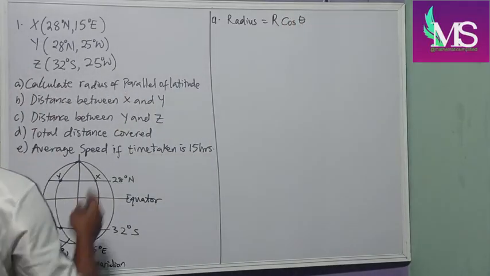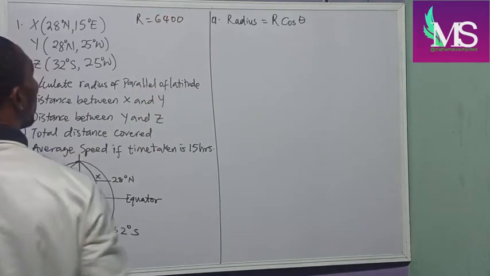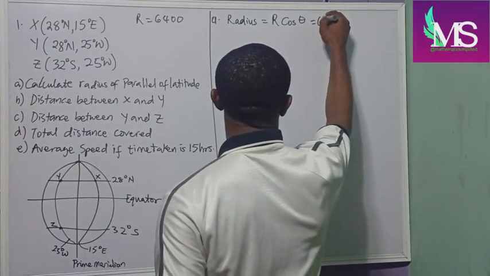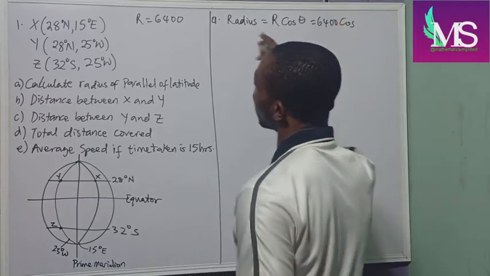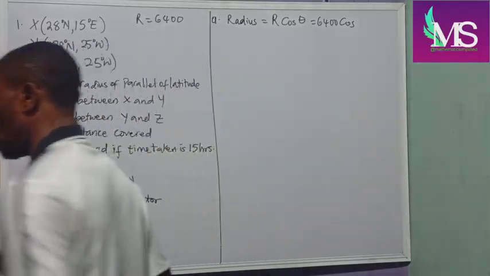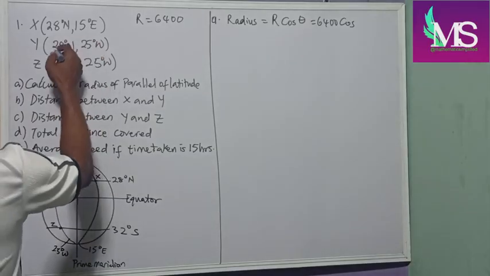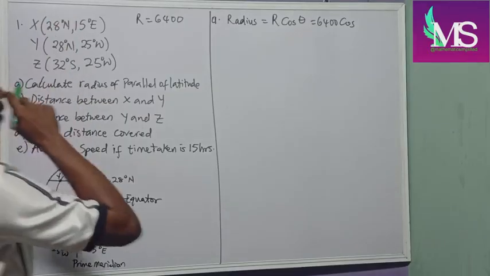Now, in this case, our big R, radius of the earth, is given as 6,400. So this will become 6,400 times cos theta. Since we are considering X and Y, our theta will be what is common among them, which is 28.